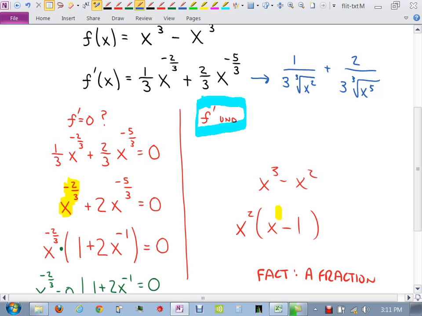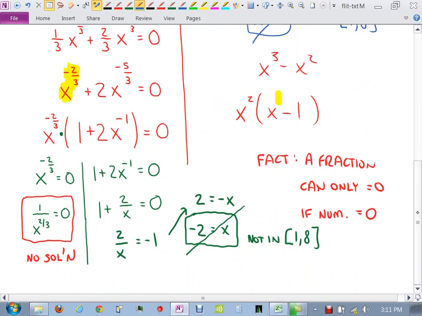Is that ever undefined? You ever going to run into any problems with that? If x is what? 0. But 0 is not in [1, 8]. So I don't have to worry about it. That means I have no critical numbers, so I have nothing to check. So I move on to step 2.